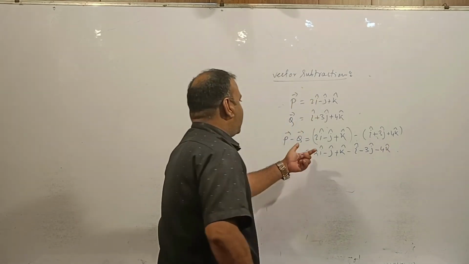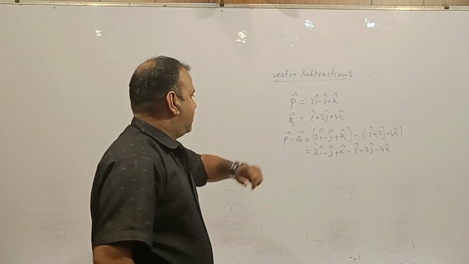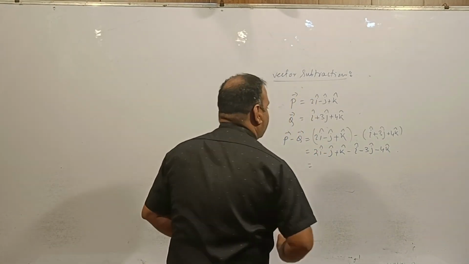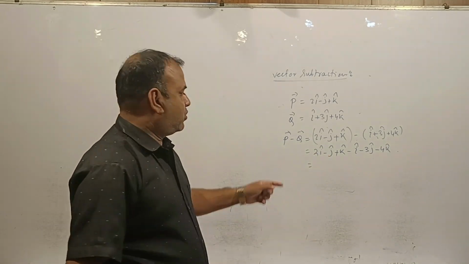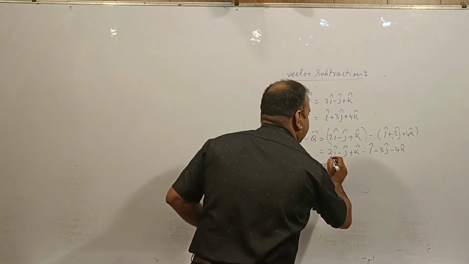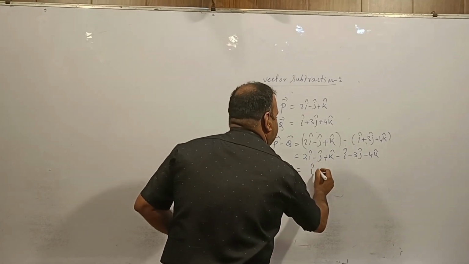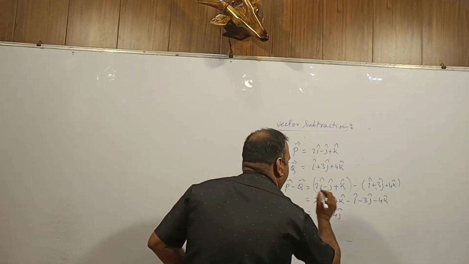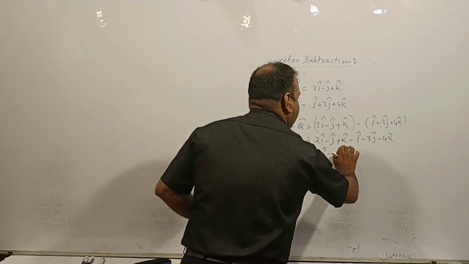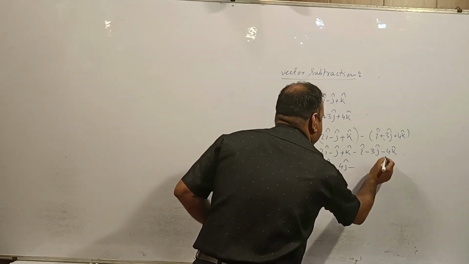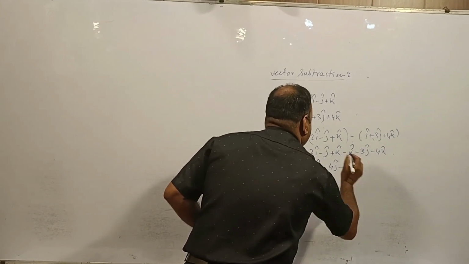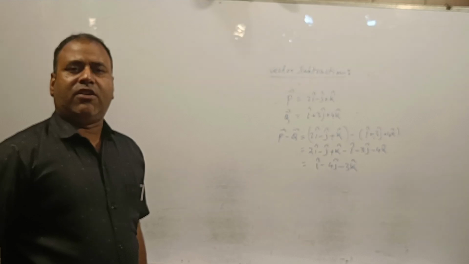That is why I have taken brackets. Now you see 2i cap minus i cap, so this can be written as i cap. And here minus j cap minus 3j cap is written as minus 4j cap, and here plus k cap minus 4k cap, that means it will be minus 3k cap. So this is the result of vector subtraction.